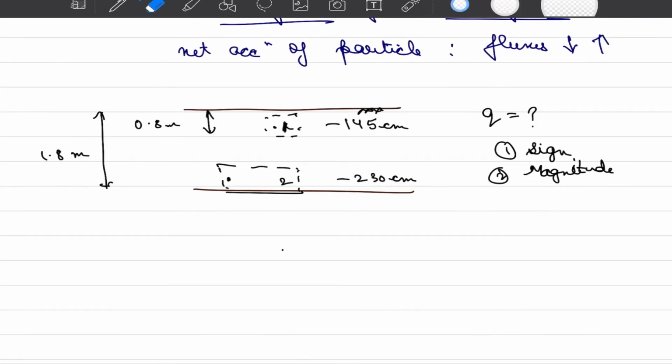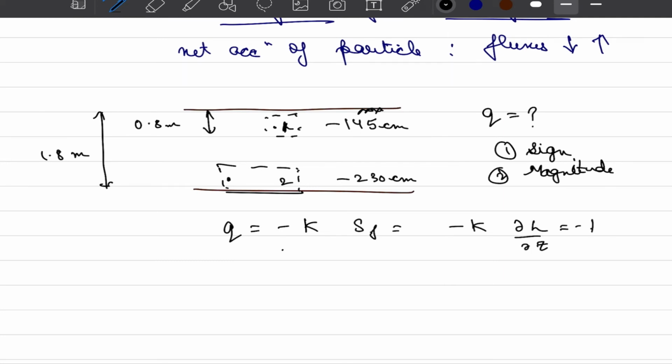Now once we have taken care of this sign and magnitude, we recall that our Q is equal to minus K times del H upon del Z, or minus K times (H2 minus H1) over (Z2 minus Z1). Since we would be developing multiple profiles, it's always better to write the values of all the terms that are involved.